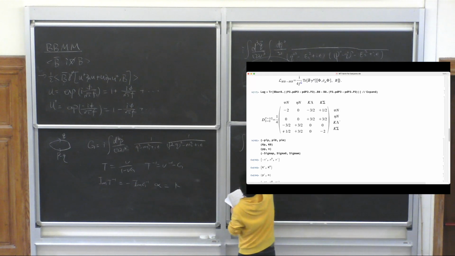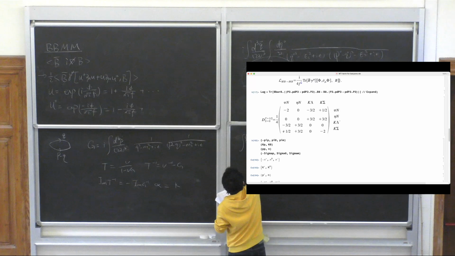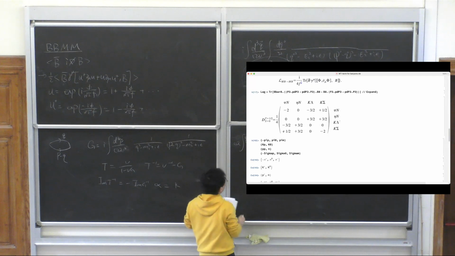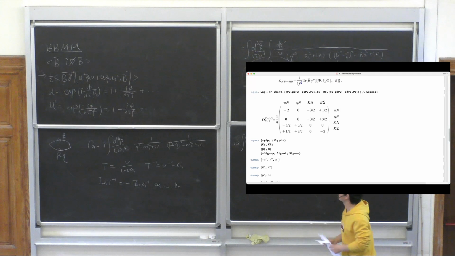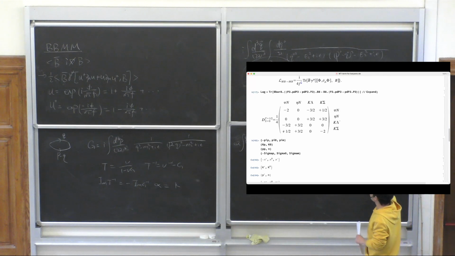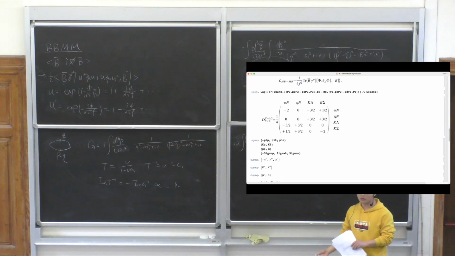Also this integral can be separated into the angular part and the radial part. From this expression, we are almost done because we want to look at its imaginary part.